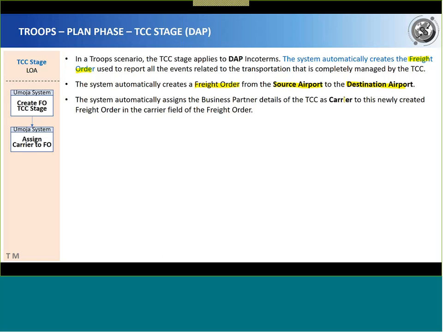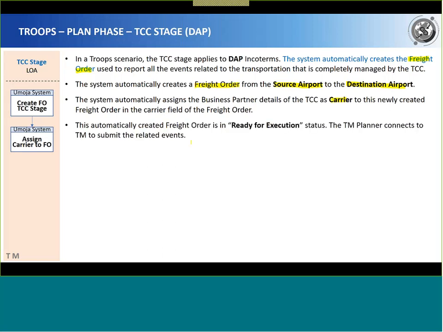The TCC is assigned as carrier, and system-wise, the freight order is ready for execution. So if needed, events and attachments could be uploaded in TCC and TM.